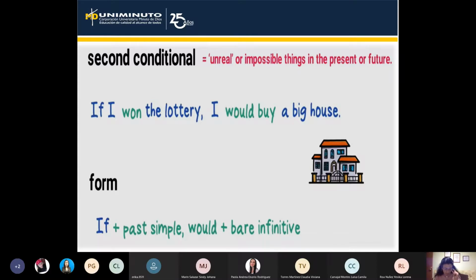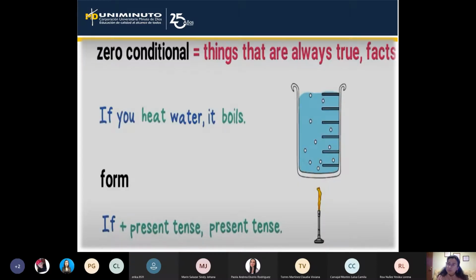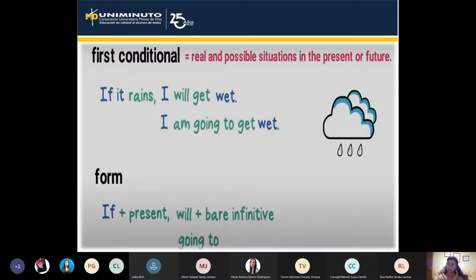Okay, very good. So, ladies, we are checking the three conditional sentences. Zero conditional, remember, is the real conditional when you want to express real logical situations. The first conditional, based on the present, you predict the future, you plan your future with will or with going to.